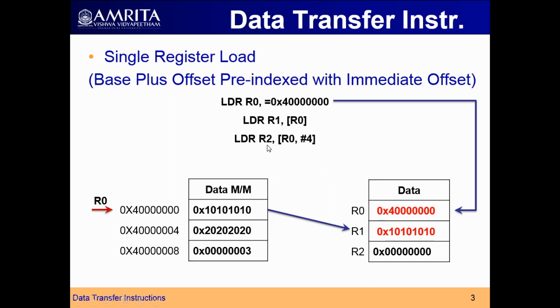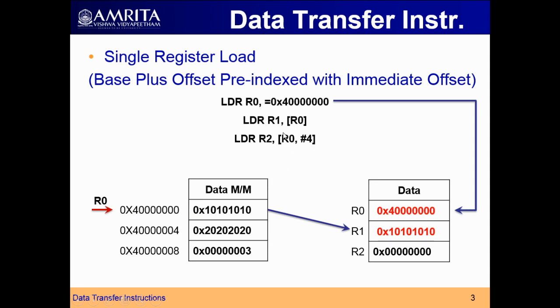Then we will see the next instruction. So I am writing LDR R2 comma R0 comma hash 4. Here what does it mean? What is the difference between this and this? You are adding comma hash 4 here, right? So here what does it mean? R0 is known as a register which is holding an address. In our case, it is also known as base address, or it is a starting address.